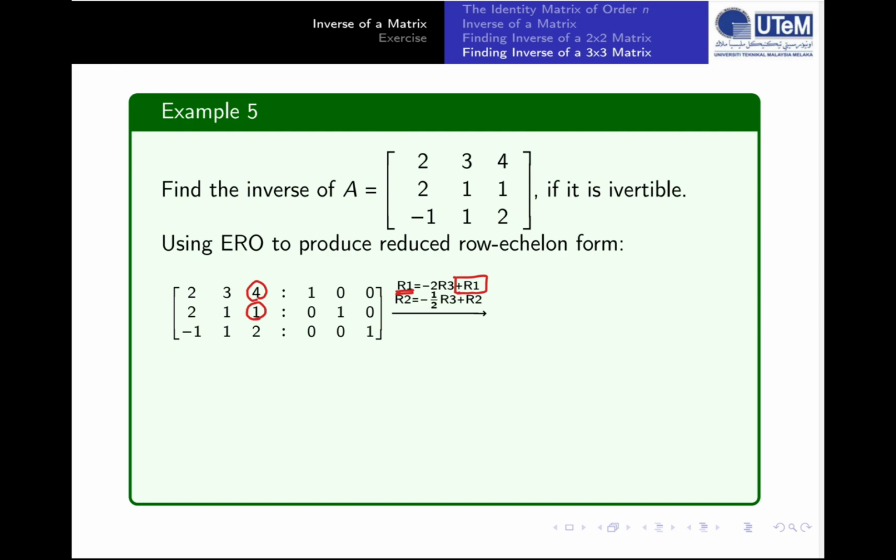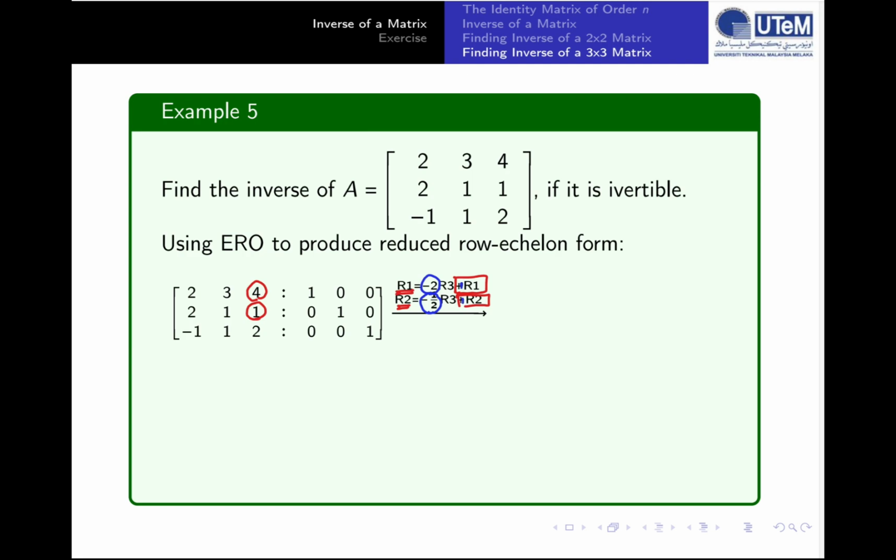It must be plus row 1. And if you want to change row 2, here must be plus row 2. You can only modify this part. Because we want to change row 1 and row 2, we cannot multiply by any value except 1 here.